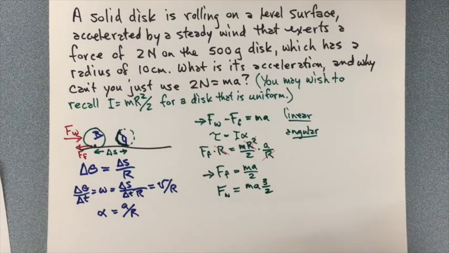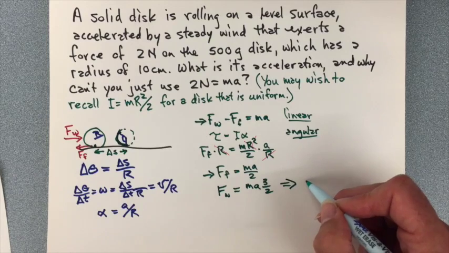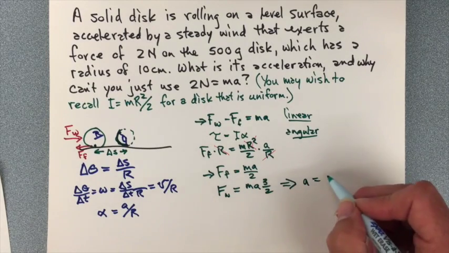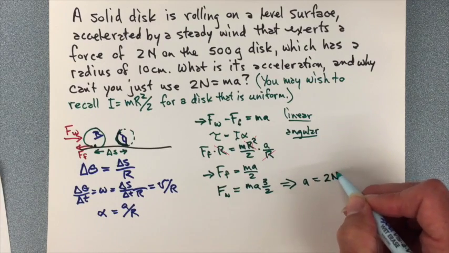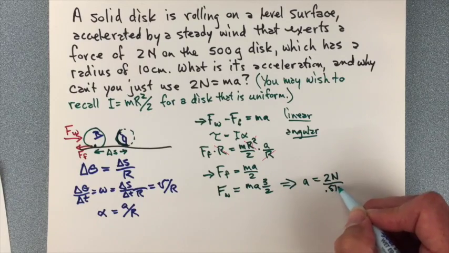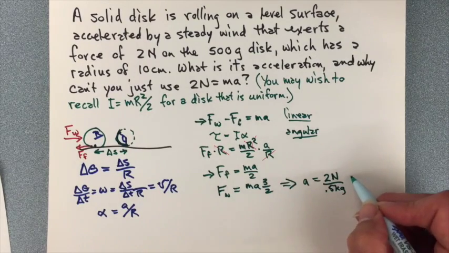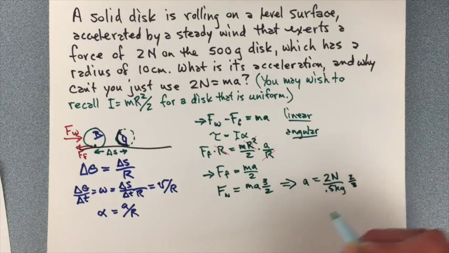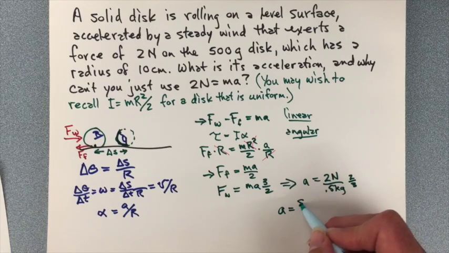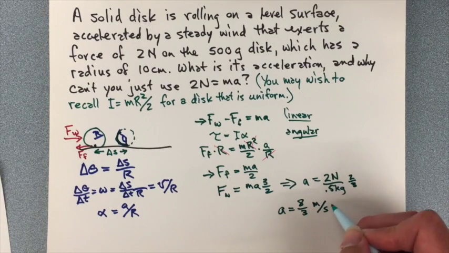So if I solve for the acceleration, I just find that the acceleration is the force of the wind, that is that 2 newtons, divided by the mass, which is 0.5 kilograms, times this factor here inverted, 2/3, which is equal to 8/3 meters per second squared.